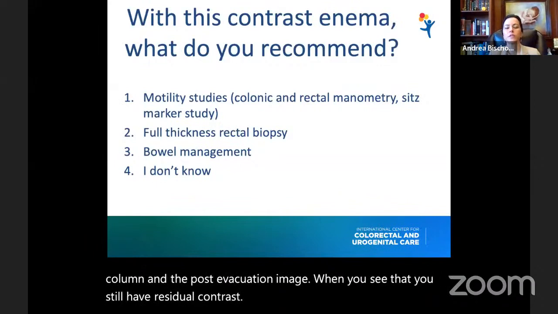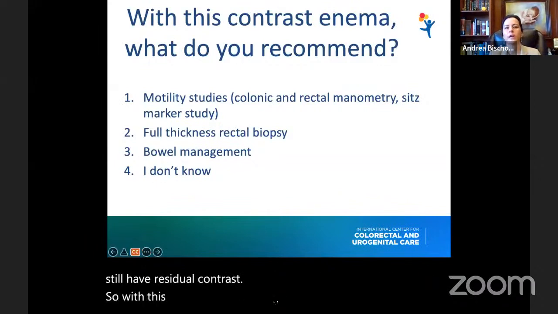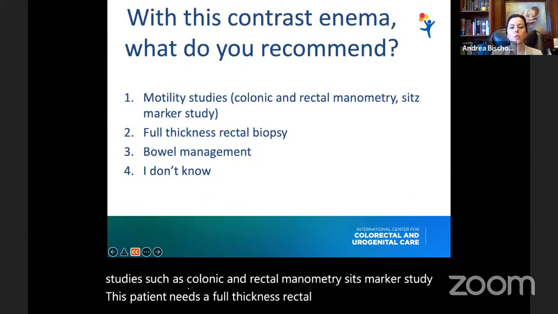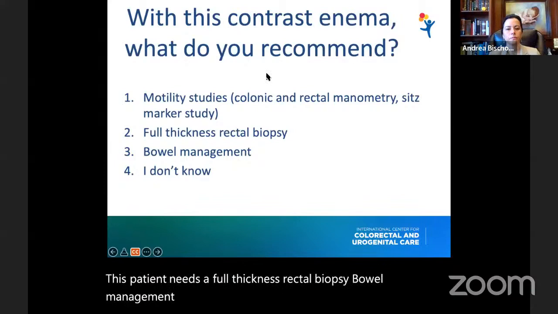So with this contrast enema, what do you recommend? Motility studies such as colonic and rectal manometry, SITZ marker study, this patient needs a full thickness rectal biopsy, bowel management, or I don't know. Everybody can vote.